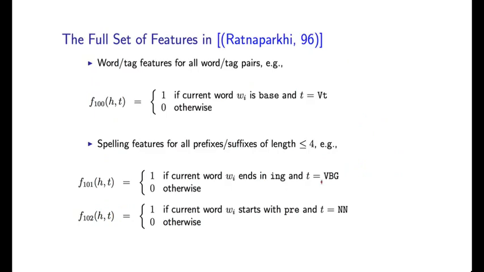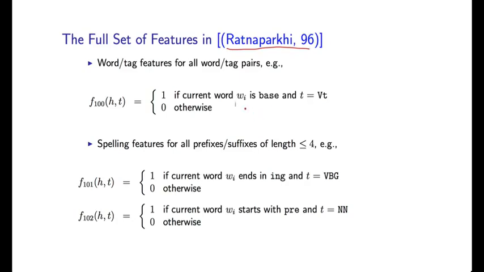And actually, those are two feature types from work by Adwait Ratnaparkhi, which was one of the earliest applications of log linear models to tagging. Actually, probably the earliest. And I can describe the full set of features he used in his model. It's a pretty simple set of features, and yet it's still close to state of the art, in that if you use these features in a part of speech tagger, for example, you will get a state of the art model.